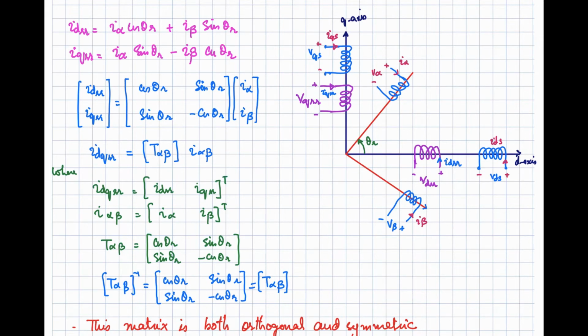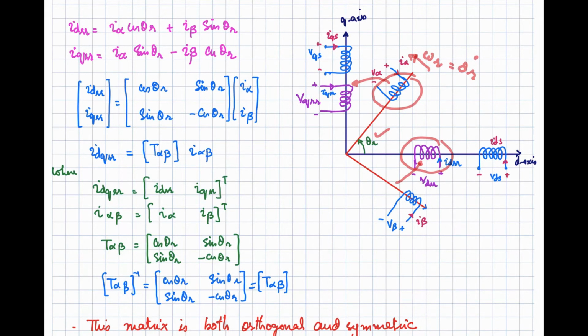We have considered that this rotor is rotating at the speed omega r, that is equal to the derivative of theta r. Now what we are going to do is convert this rotating winding into a fictitious stationary winding over the D and Q axis. So we are just going to assume that it has some projected version that is always fixed along the Q axis, and it has some projected version that is always fixed over here.